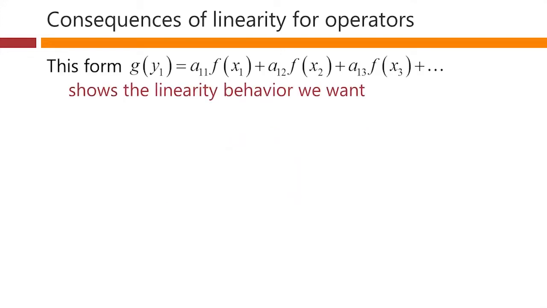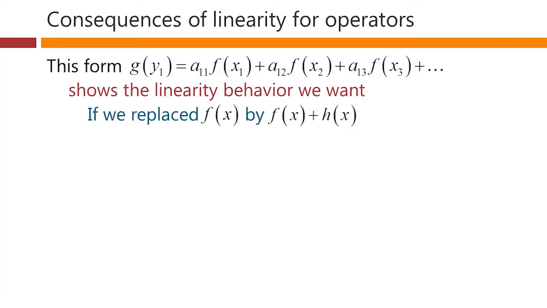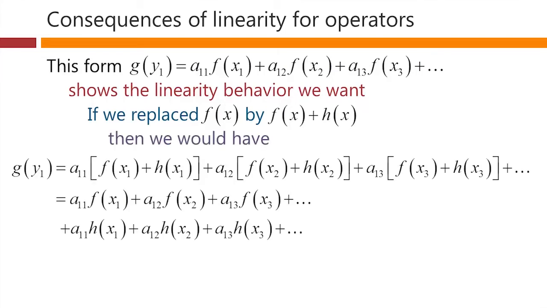Now this form shows the linearity behavior we want. So let's check that. If we replaced f of x by the sum of two functions, f of x and h of x, then we would have a11 into f of x1 plus h of x1 plus a12 into f of x2 plus h of x2, and so on.